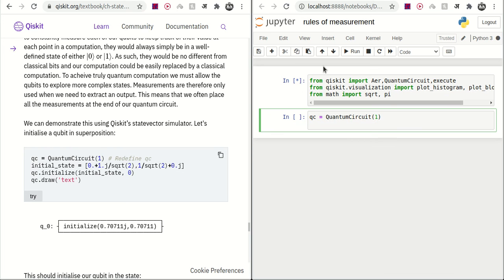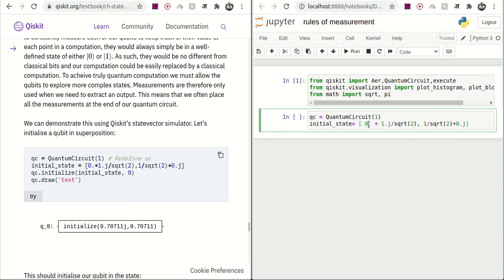We have one qubit with initial state equal to 0 plus 1j over square root 2, that is, 0.real and 1.j over square root 2, and 1 upon square root 2 plus 0.j.